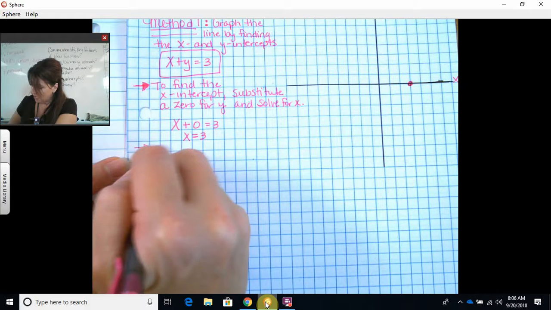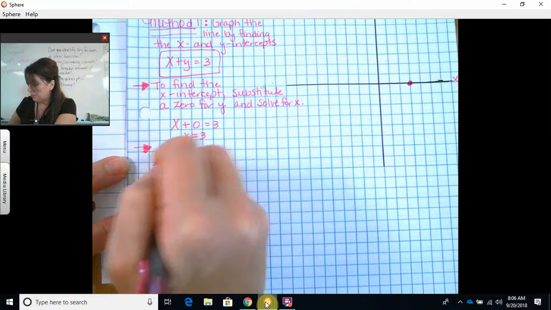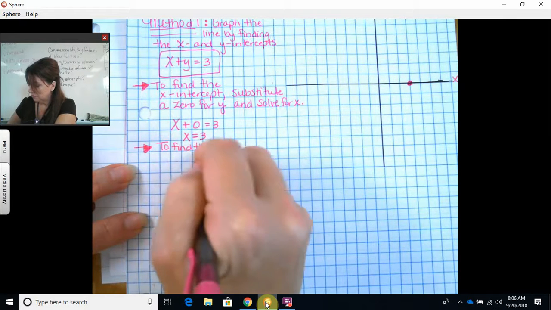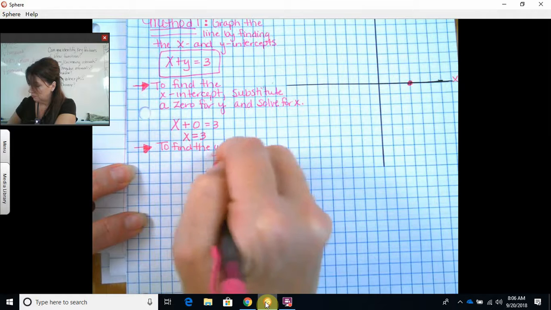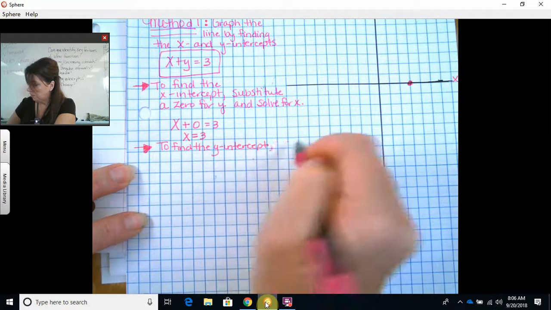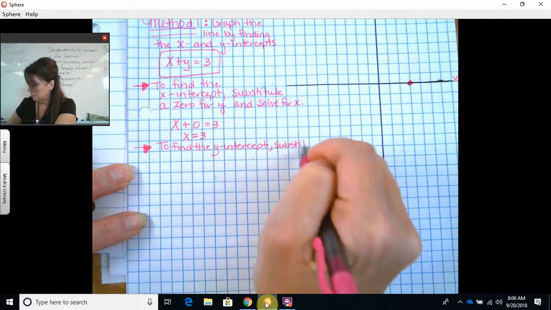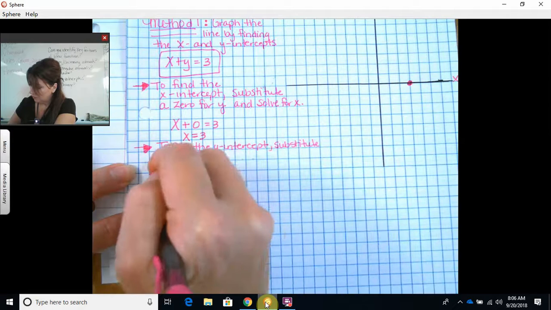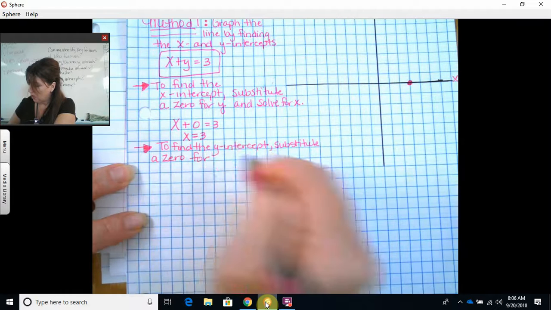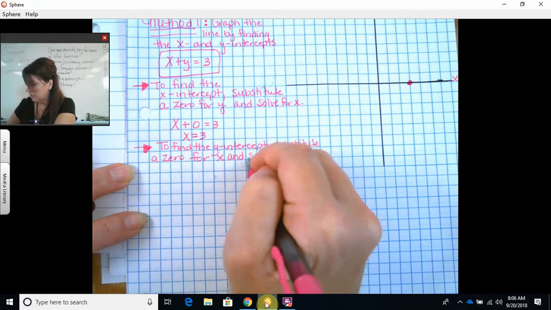Now for that same equation, x plus y equals 3, I'm going to find the y-intercept. So to find the y-intercept, substitute a 0 for x and solve for y.